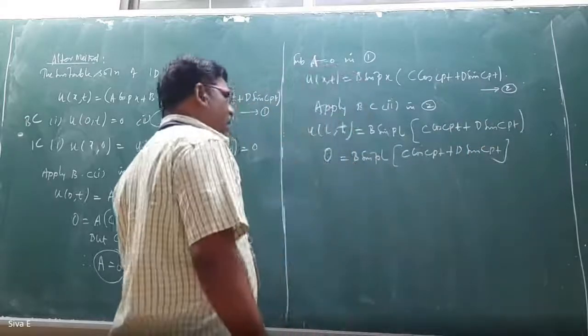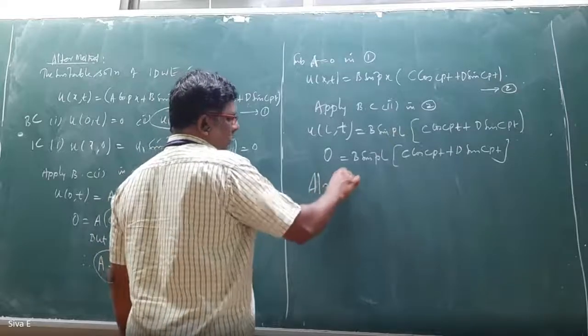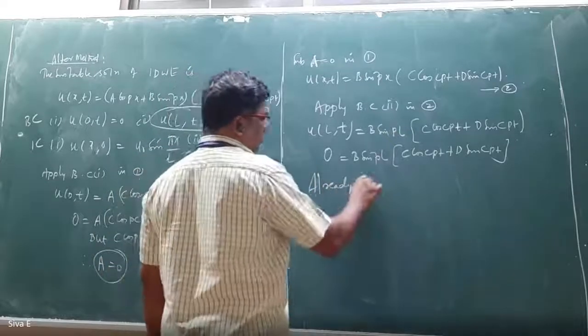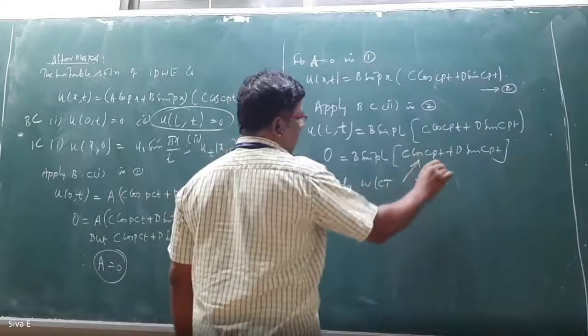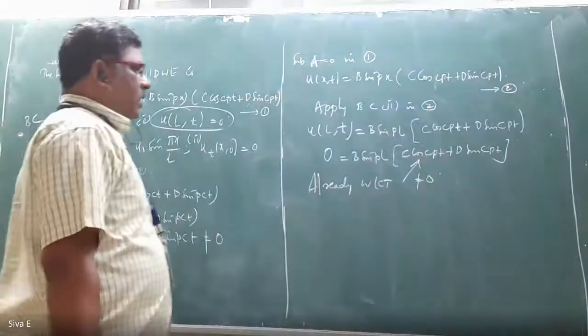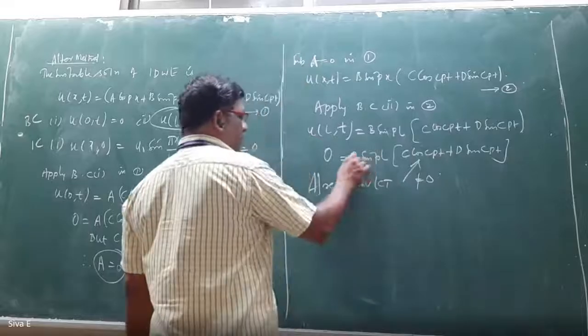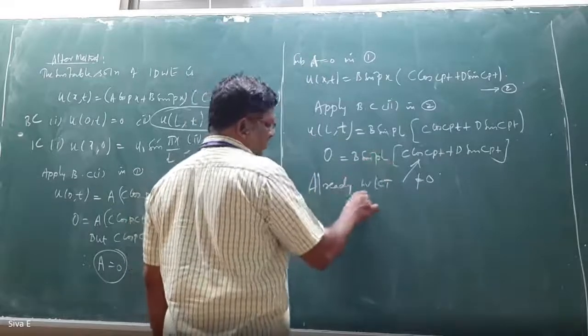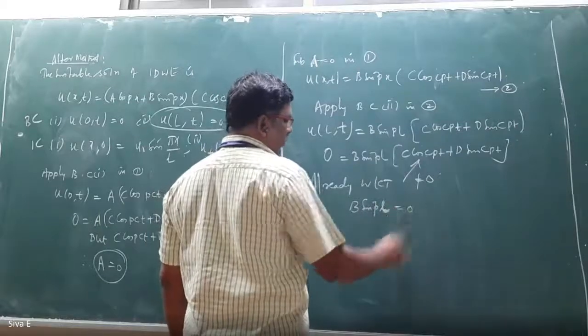Already we know that this part, C cos cpt plus D sin cpt, is not equal to 0. Now B sin pL equal to 0.